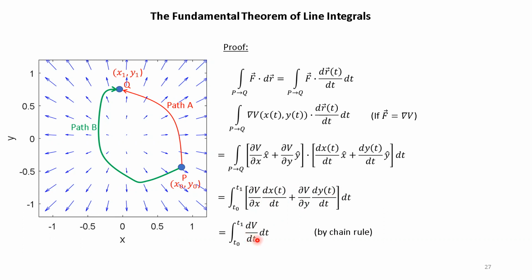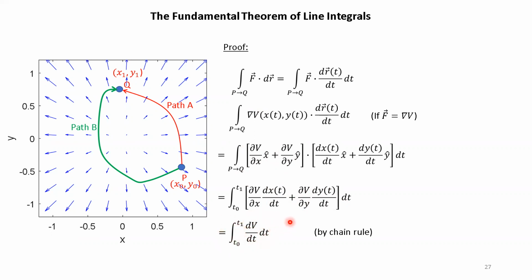So now you can see that if f is not the gradient of a function v, then this one won't be partial v partial x, right? This one won't be partial v partial y, and then you could not apply the chain rule, right? Because it is written as a gradient of this function, you can apply the chain rule, and that's why you can have this total derivative.